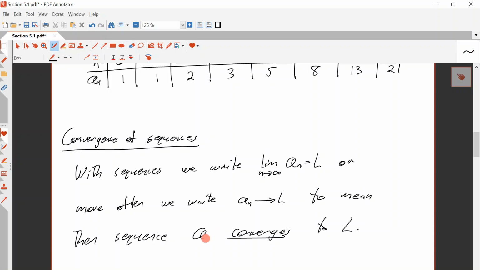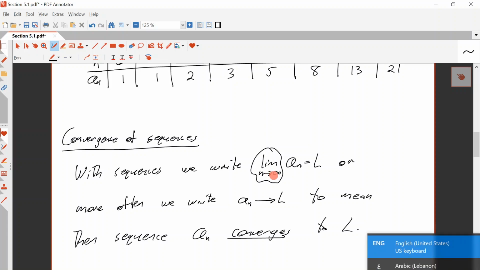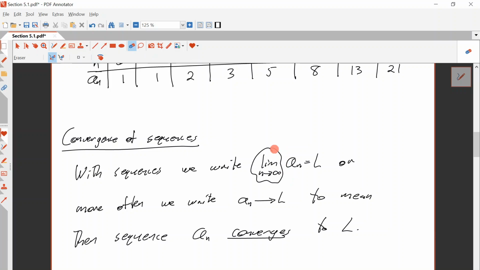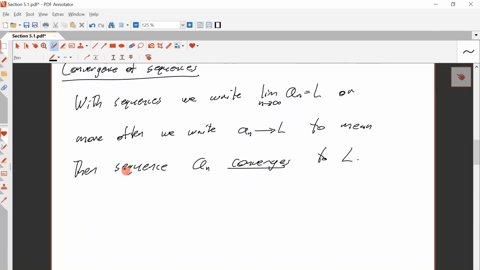We say the limit as n goes to infinity of a_n is equal to L, or a_n arrow L, because there's no need for the n-goes-to notation, since we're never going to do the limit as n goes anywhere other than plus infinity. So we can use a simpler notation to mean the sequence a_n converges to L.